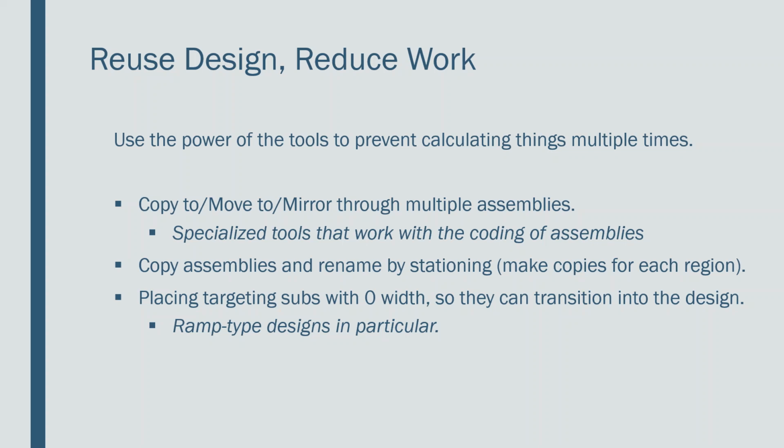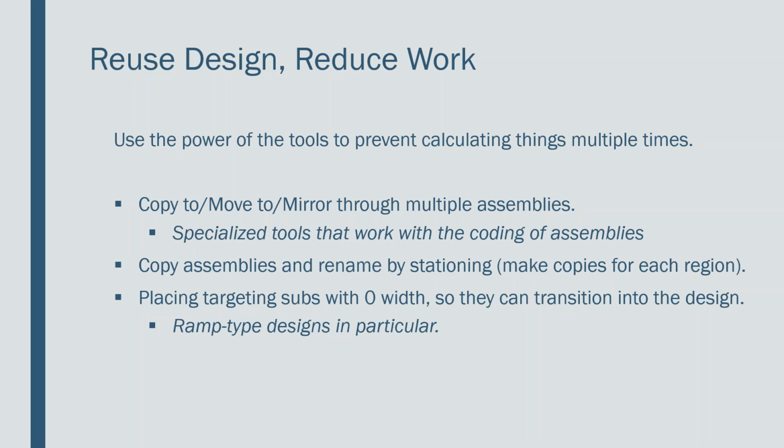If you've got a lane that's a certain width, a certain slope, and has certain depths to the materials, why, if you need that in other assemblies, would you go in and enter all three of those bits of information and probably more information every time? What you can do is copy it or simply move it to a new location, or as you saw earlier, mirror it into a new location so that you don't have to keep entering that data in.